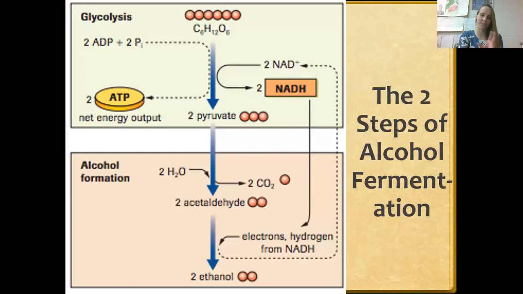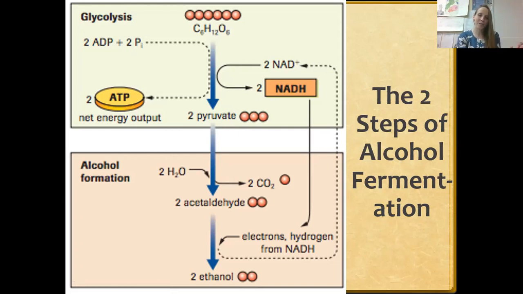This is the process here. I am going to draw this flow chart out at the end of this lesson, but essentially we start with the glucose, we get the net 2 ATP produced, we get the 2 NAD+ converted into the 2 NADH, and we make the 2 pyruvate. That's the exact same as the glycolysis that we've already learned about.